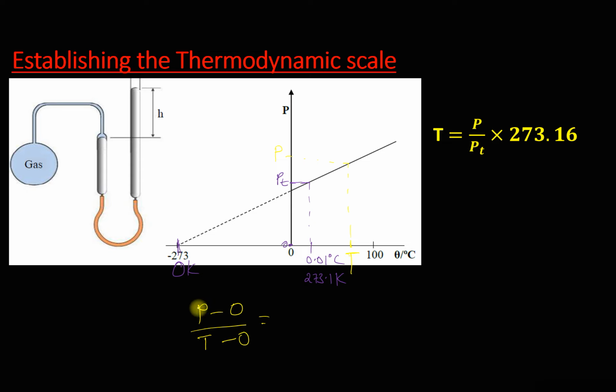Here I considered the pressure at the unknown temperature minus the pressure at 0 Kelvin, which is 0, should be equal to the pressure at the triple point minus the pressure at 0 Kelvin, which is 0, divided by the temperature, as we have the triple point, which is 0.01 degrees Celsius.